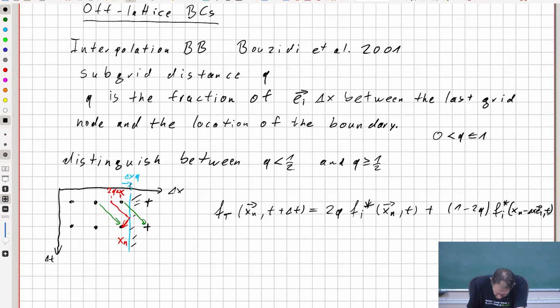So this here is the position x_n minus delta x e_i. So this is this position here, right? So we linearly interpolate before we do the streaming. Then we stream, collide at the wall such that we arrive at the correct position. So this was case number 1.